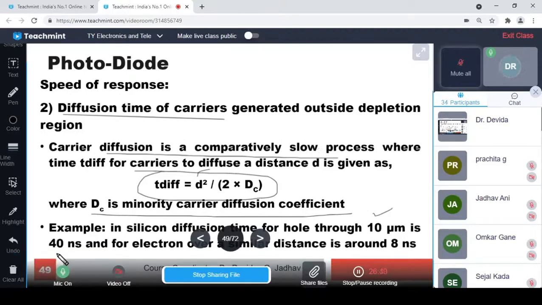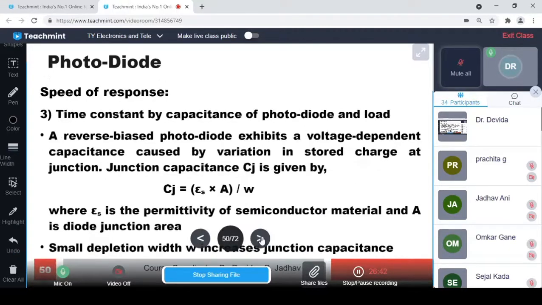The time constant of the capacitor also contributes to the delay. So Cj is equal to epsilon A by W, where W is the width of the depletion region. We know this capacitor equation. The width can be increased and the capacitance decreased. The longer the width of the depletion region, the lesser the capacitance.